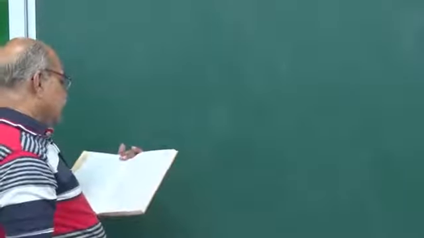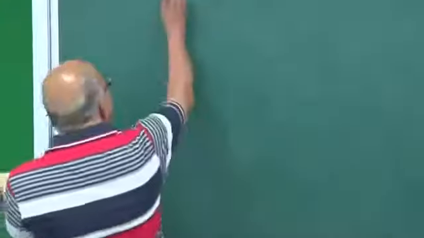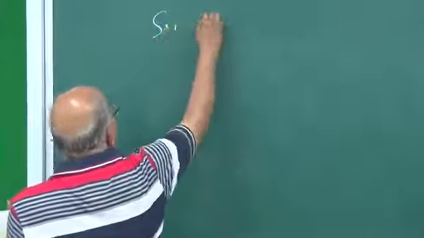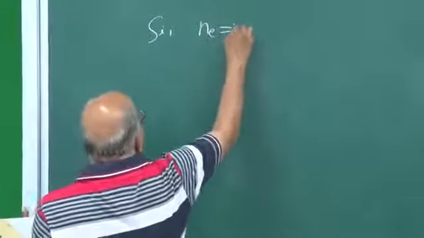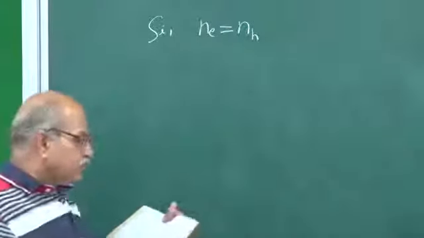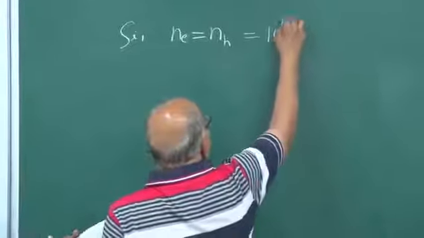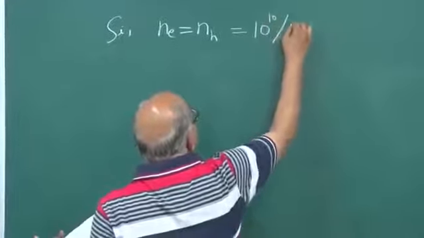Now this question says that for silicon, the intrinsic carrier concentration is Ni equal to 10 power 10 per centimeter cube. So in silicon, Ne, which is equal to Nh when it is intrinsic, is equal to 10 to the power 10 per centimeter cube.